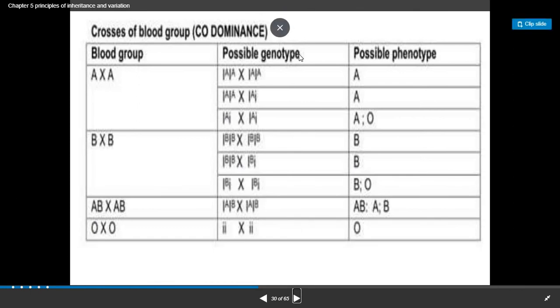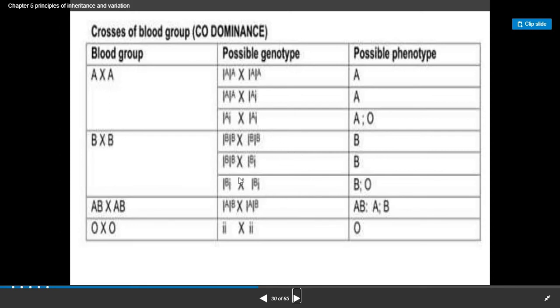Now the inheritance of blood groups, which is codominance. Whenever an A blood group is crossed with an A blood group, the possible genotype is IAIA crossed with IAIA, and the possible phenotype, that is the blood group, will be A. Again, whenever IAIA is crossed with IAi, the blood group will result in A. Now for the B blood group, here are the crosses given.